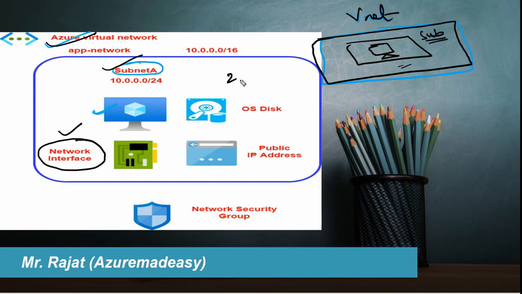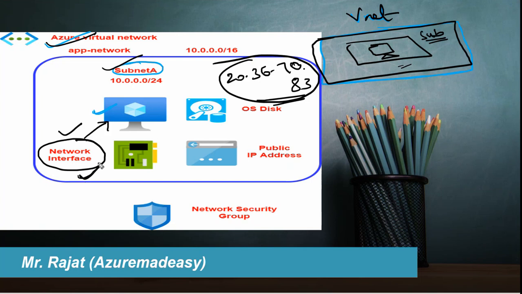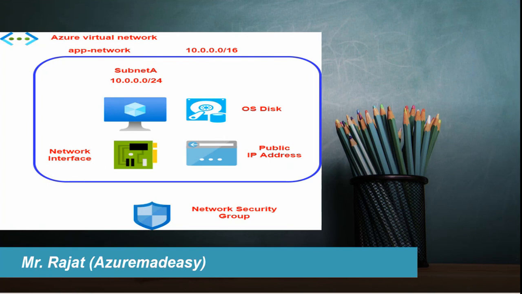Whenever I say the IP address of the VM is 20.36.70.83 like that, this IP address is being provided by some resource to the VM, and that resource is none other than the network interface card. So the VM does not have any IP address by itself. It is the network interface card that associates the IP address to the VM. Always remember this in a simple nutshell.